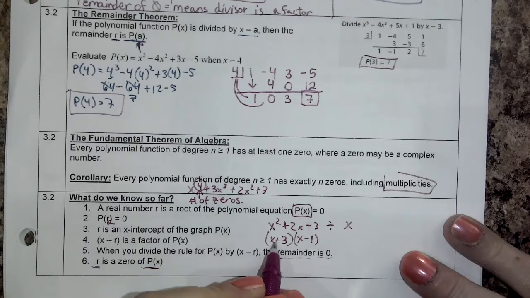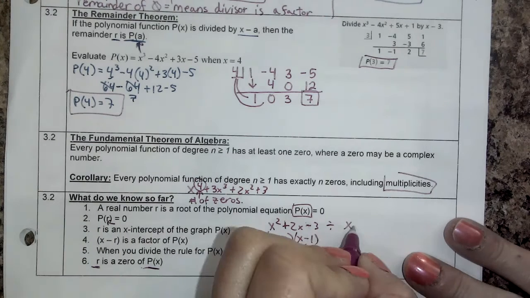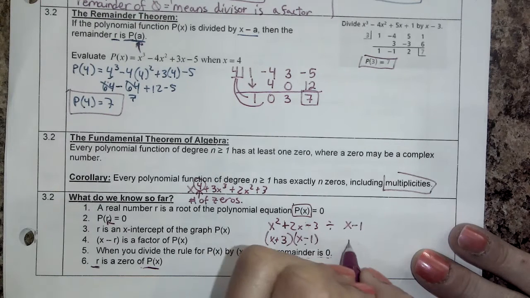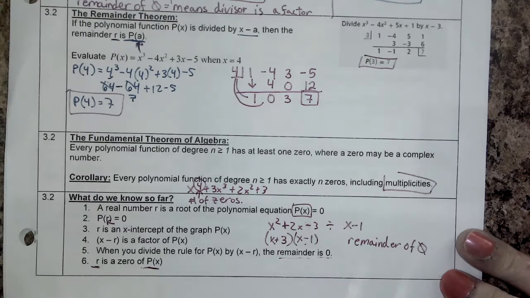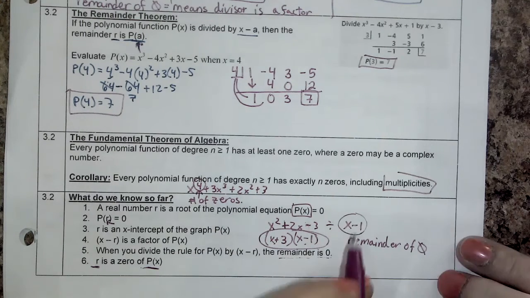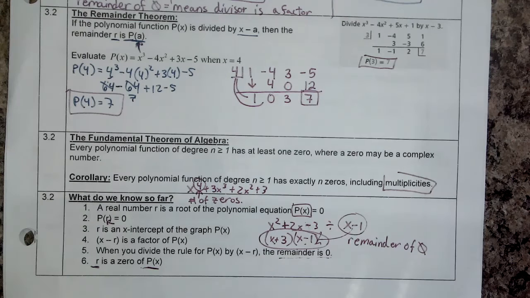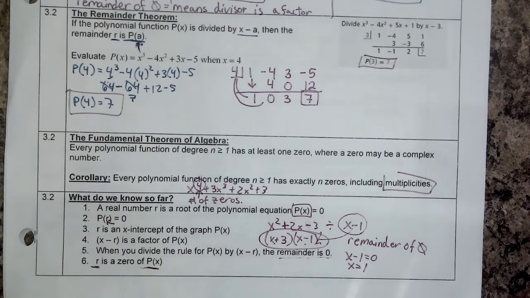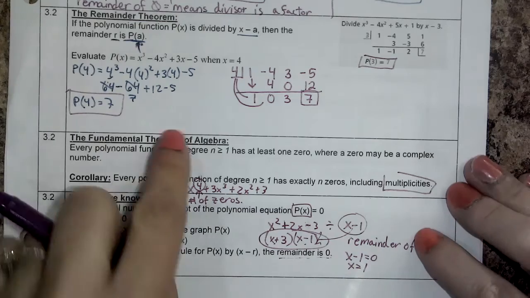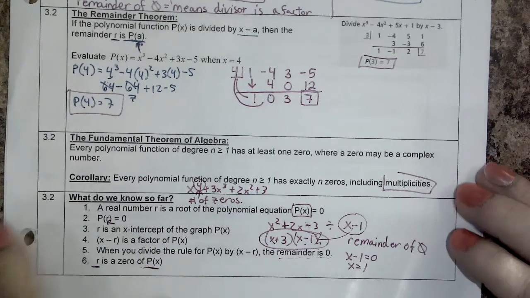So I know that if I divide by x minus 1, I'm going to get a remainder of 0. I know that these are factors, and that this is a factor because I just factored it and I can see that. And I also know that if I solve it, that value is an x-intercept, or a 0, or a root. Okay. So that's what all this stuff is saying here. It's everything that we've kind of talked about so far.